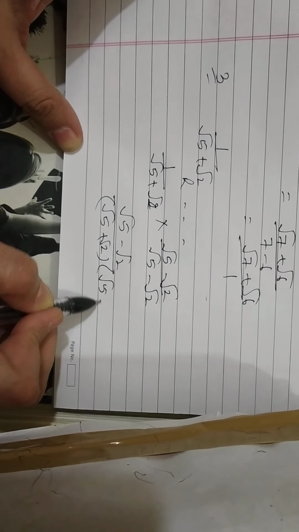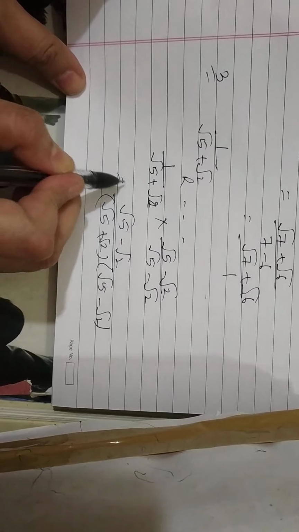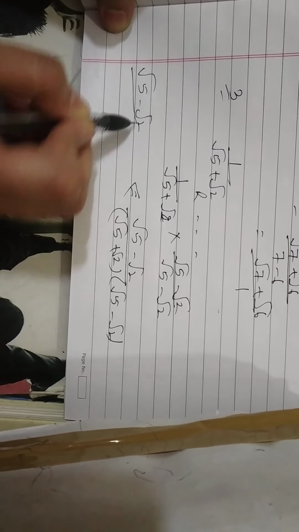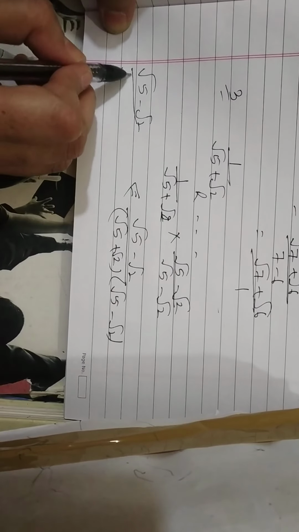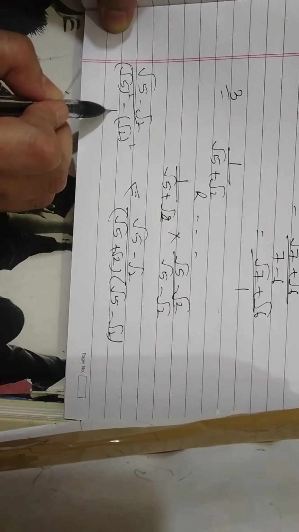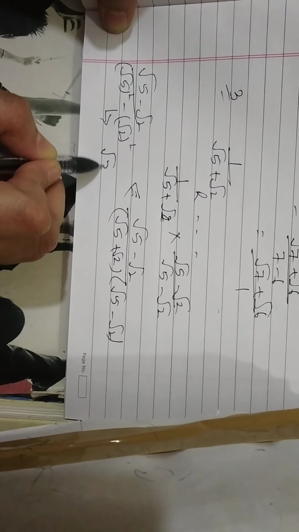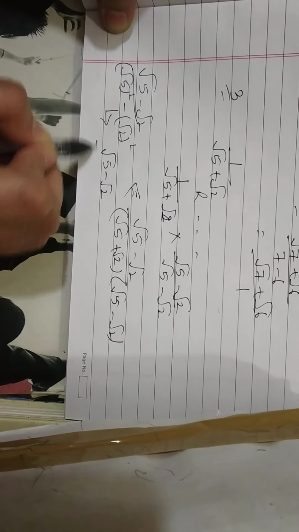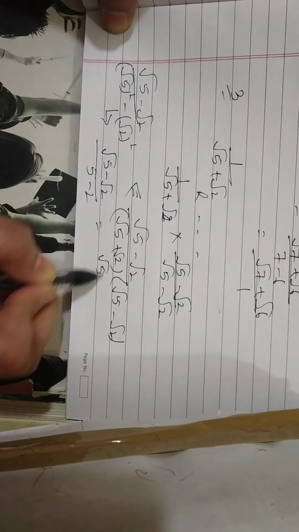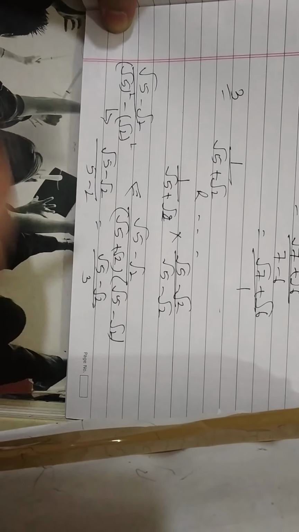Here I am taking it side by side so that we can see root 5 minus root 2. A plus B, A minus B means root 5 square minus root 2 square. So the answer will be root 5 minus root 2 upon 5 minus 2. That is root 5 minus root 2 upon 3.